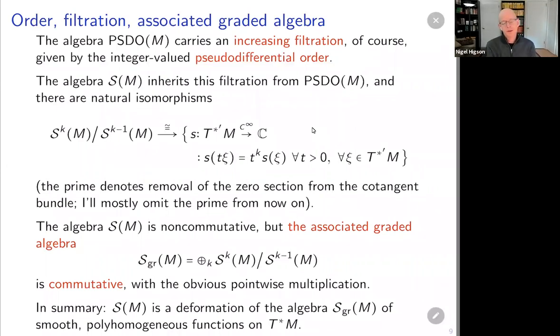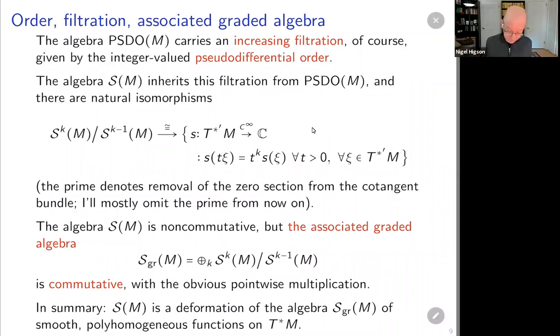And the way that the multiplication works in the associated graded algebra is just pointwise multiplication. So although the algebra of pseudodifferential symbols is very, very complicated, it has a degeneration, which is just a commutative algebra, the commutative algebra of polyhomogeneous functions on the cotangent bundle. To put it maybe a different way, the algebra of symbols is a deformation of this commutative algebra of functions.